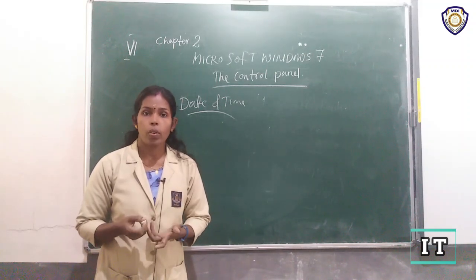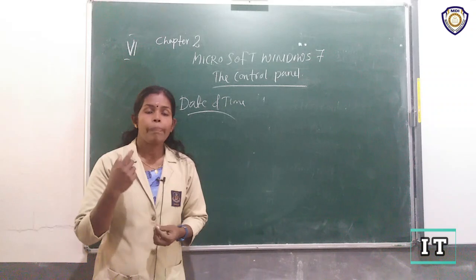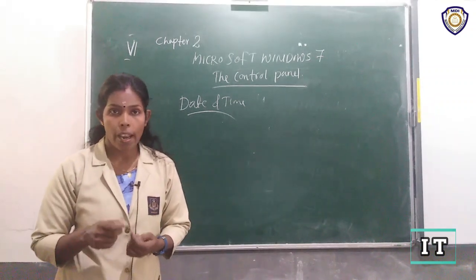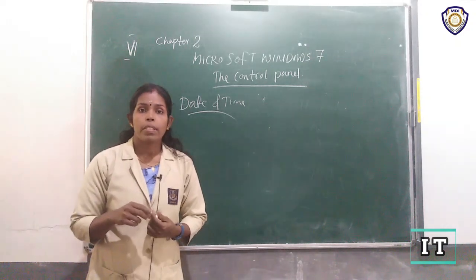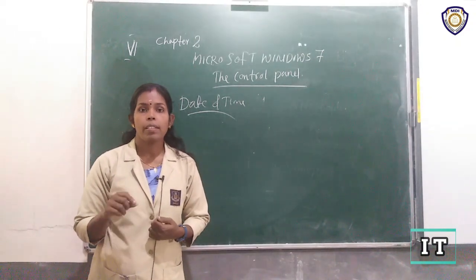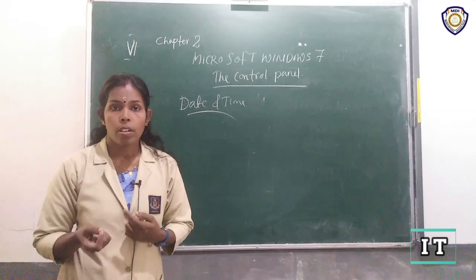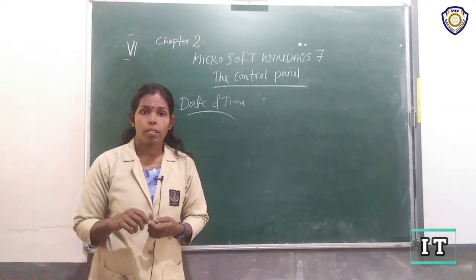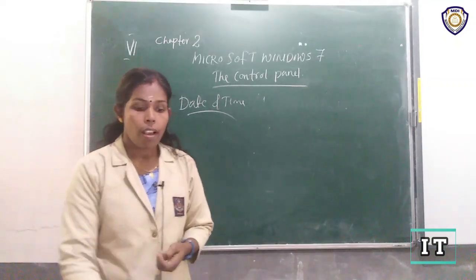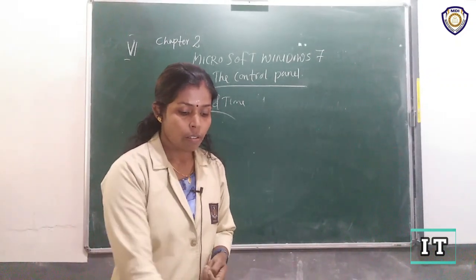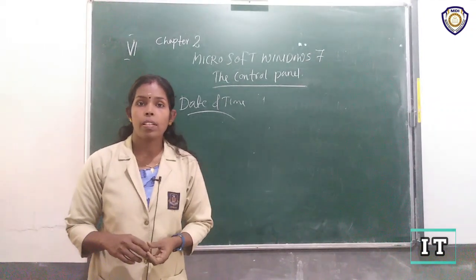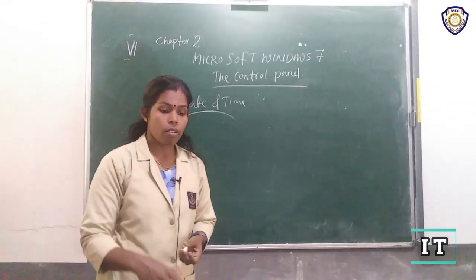Then click on the OK button. First, click on the Additional Clocks tab, then select the time zone, then tick Show this clock, then OK. This is the method to select different clocks for different zones.